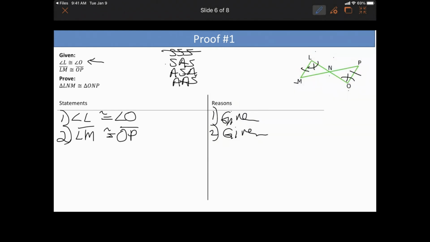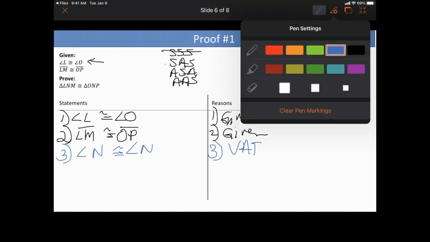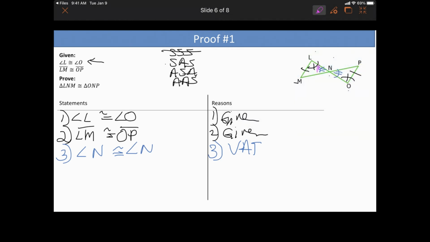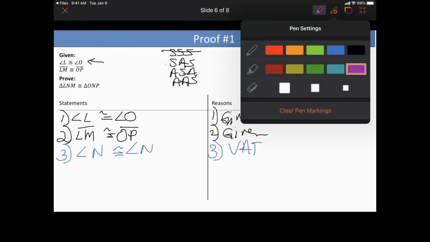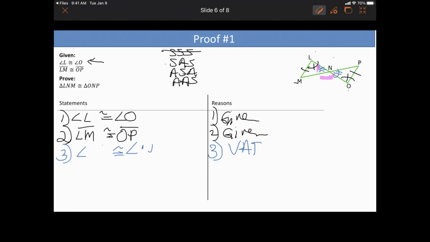Oh, but again, we have our nice vertical angles. Okay, great. Now, class, if you tell me this, angle N is congruent to angle N, I'm going to mark that wrong. You're like, but you just wrote it. Yes, I know, it is to tell you that's wrong. The reason why is there are actually several different angle N's. Do you mean this angle or did you mean that angle? So I'm going to actually need 3 letters and not just one.